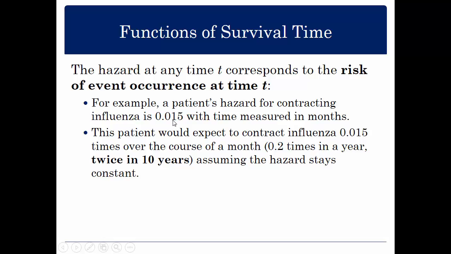But the interpretation of this would be that the patient could expect to contract the flu twice over the course of 10 years, assuming the risk of the flu is constant, or the hazard is constant. And that's the interpretation. So it's not only sort of a probability of it occurring, but what is the probability of occurring over a particular unit of time?